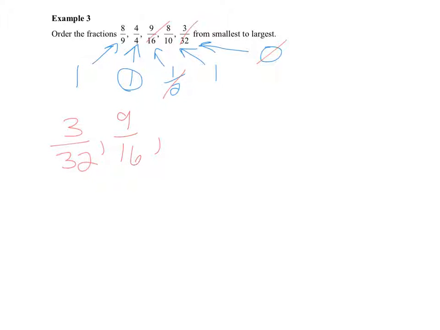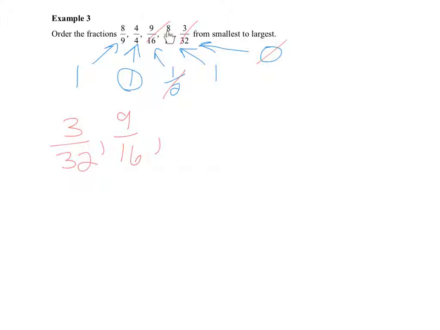And again, if you look at these two fractions, 8 over 10 and 8 over 9, they have the same numerator. And this is where going back to our rules, if you have the same number on top, or the same numerator, then the one with the smaller number on the bottom is bigger. Because if you think about it, this one is cut into 9 pieces, and 8 of those 9 pieces are there.